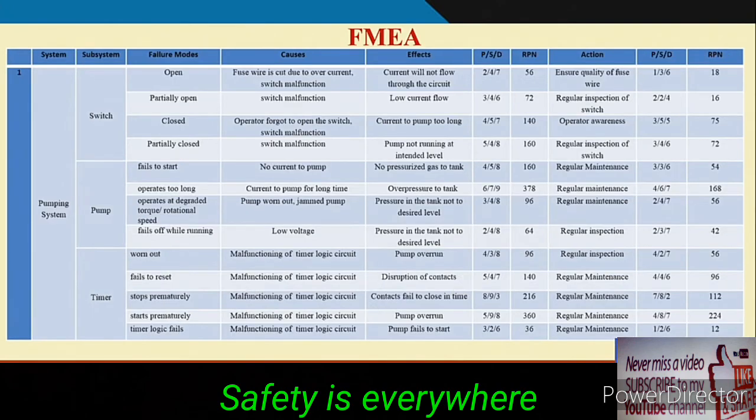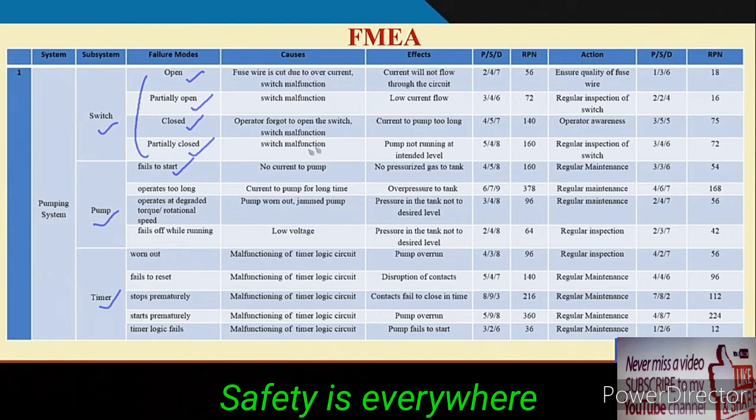Then FMEA, you see that FMEA again says that you have to go to the sub-component level: switch, pump, timer. Now, when you talk about switch failure modes, maybe it is open all the time, partially open all the time, closed all the time, partially closed, fails to start, these four.